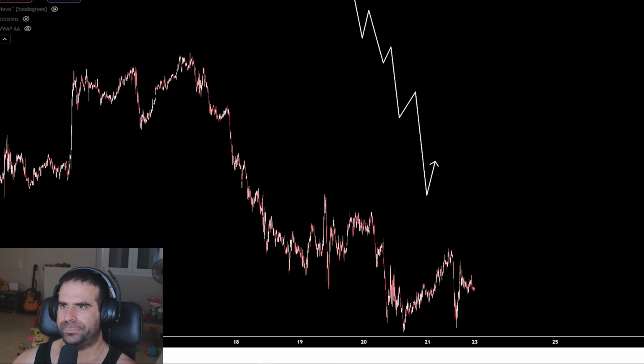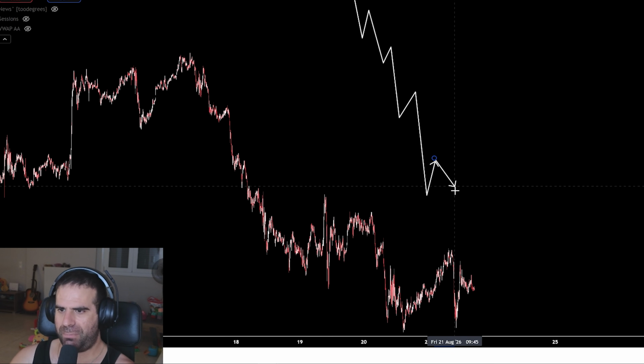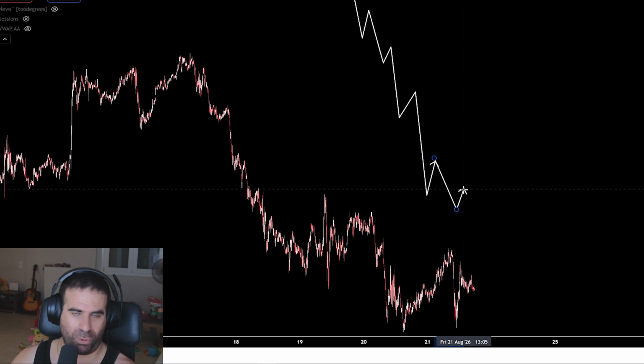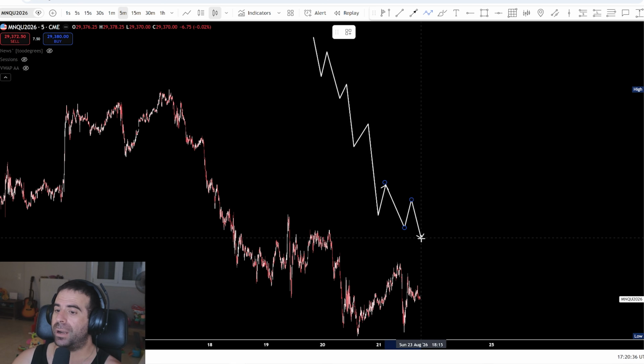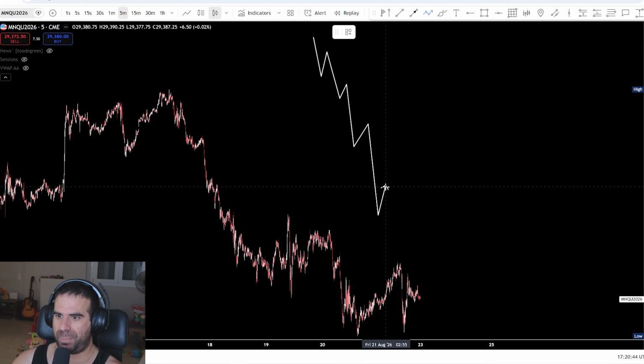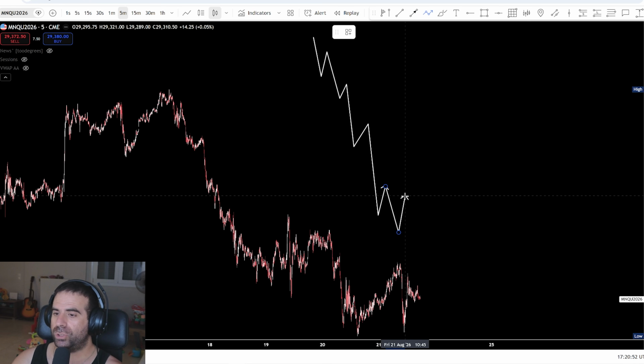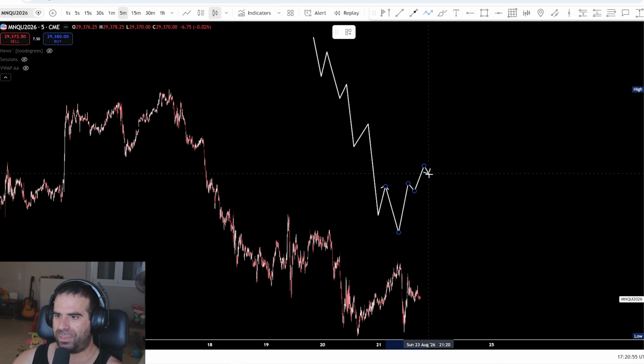I want you to go ahead, and on the time frame that you are looking the move at, which in this occasion right here is the 5-minute time frame, I want you to see some grab of liquidity, which many people are gonna identify as a continuation, of course, and then either a second grab of liquidity, or it can be just one last grab of liquidity, which again, many people are going to identify as a continuation in order to go short from this area or from this area. And then I want you to see something like that.